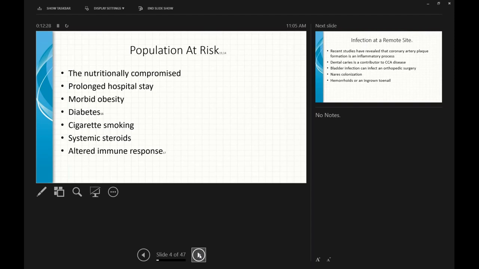Cigarette smoking. There is a surgeon in Washington State who is at the Madigan Army Hospital who will not operate on a patient who is a cigarette smoker unless they've been smoke-free for a year. Systemic steroids, that's pretty common knowledge, in the altered immune response.